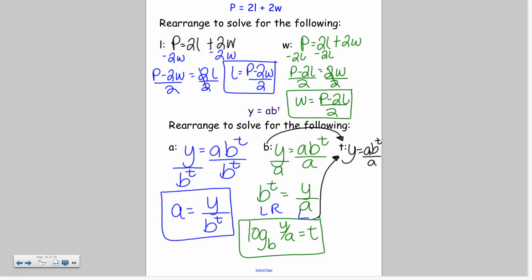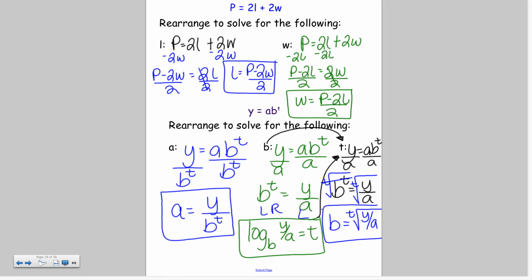This time I'm going to solve out for B. So we're going to divide by A. So B to the T is equal to Y divided by A. Now to solve out for B, we got to get rid of that T. So anytime there's an exponent, you have to take the root. So the T root of both sides, and B is equal to the T root of Y divided by A. And that is the answer for that one.